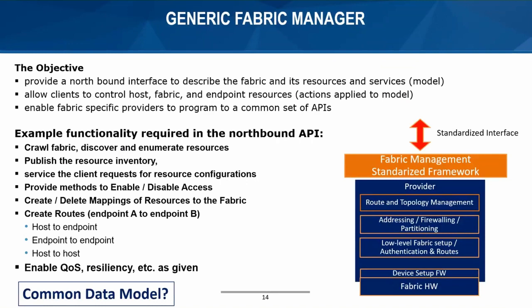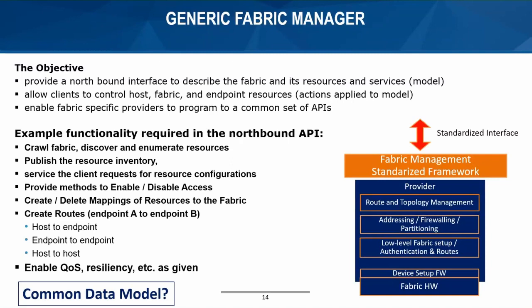So the trick is to have a model whose objects have sufficient state and necessary controls and actions such that the generic model manipulation will achieve the desired state or configuration of the actual fabric components. So if you look at the typical fabric functions that need to be supplied by the manager, we recognize that many of these functions are common.